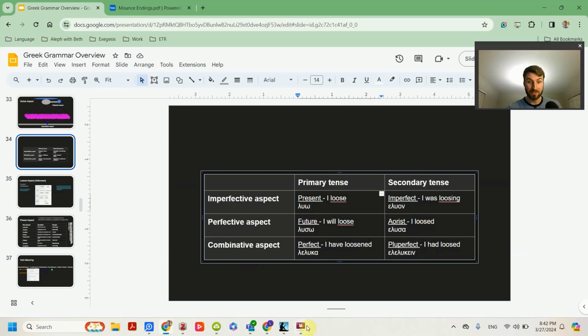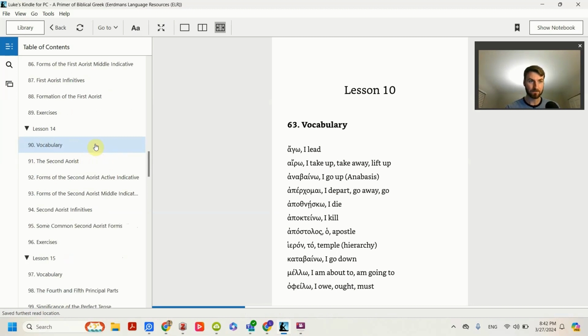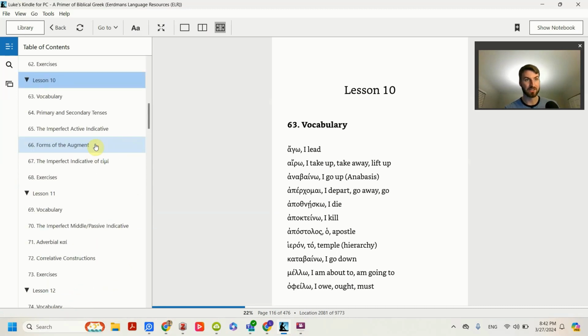Going back here, those six tenses are what we are going to cover in the next seven lessons, 10 through 16. And we're just going to walk through each of those, and we are going to show how they change based on the different voice that they're in as well.